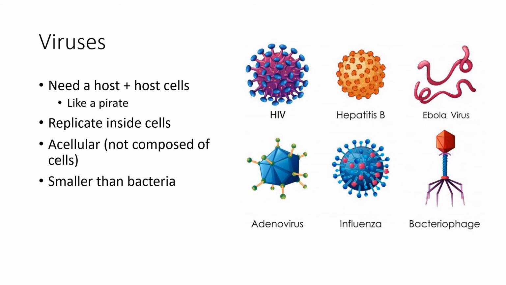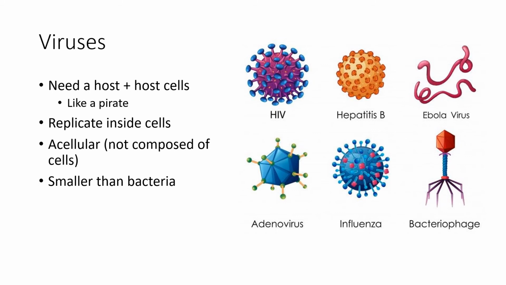Something that should be noted about viruses is that they are acellular, which means that they are not composed of cells, and viruses are substantially smaller than bacteria. And then over to the right, we have this really nice and visual graphic of various viruses that we know of.